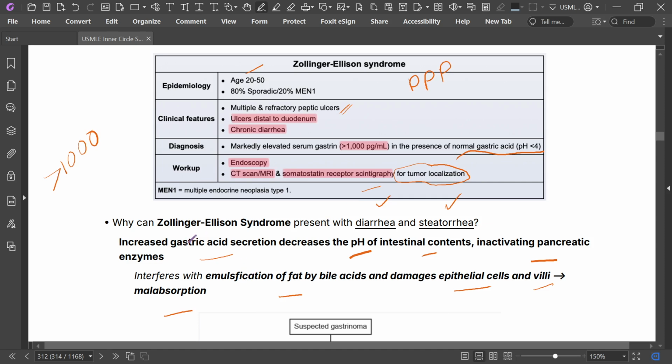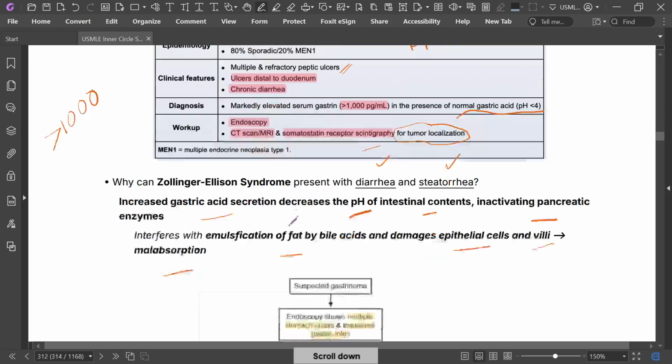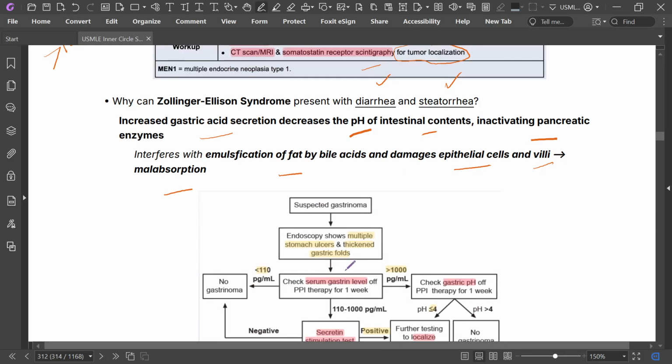So in Zollinger Ellison syndrome, there is increased gastric acid secretion, which decreases the pH of the intestinal content and inactivates the pancreatic enzymes, which interferes with the emulsification of fat by bile acid and damages the epithelial cells and villi, causing malabsorption.